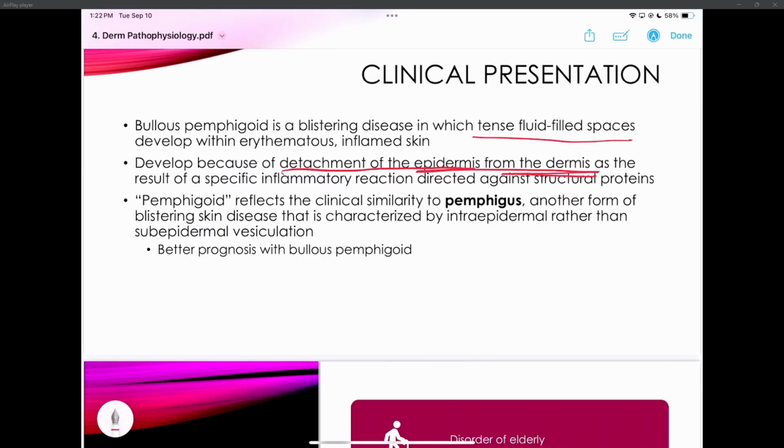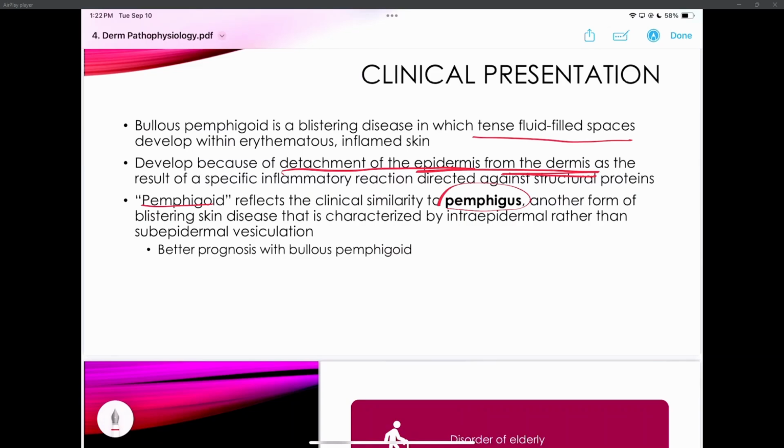Pemphigoid reflects the clinical similarity to pemphigus, which is another type of bullous disease. So there's bullous pemphigoid and bullous pemphigus.